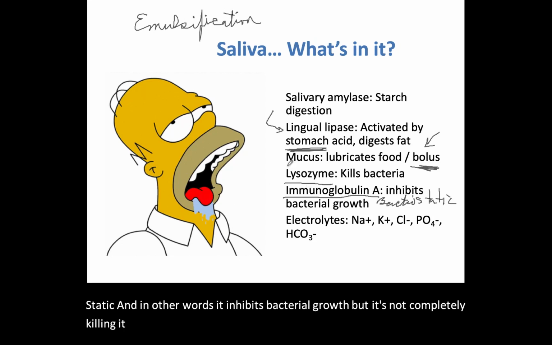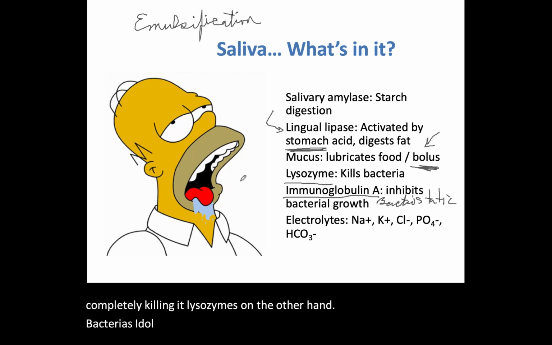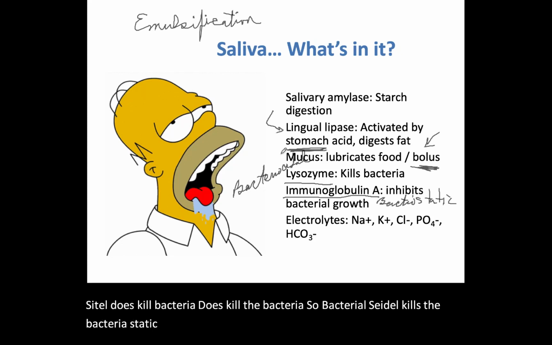Lysozymes, on the other hand, are bactericidal. Right? Bactericidal does kill the bacteria. So bactericidal kills the bacteria. Bacteriostatic inhibits the growth. We've got both of those aspects built into our saliva.